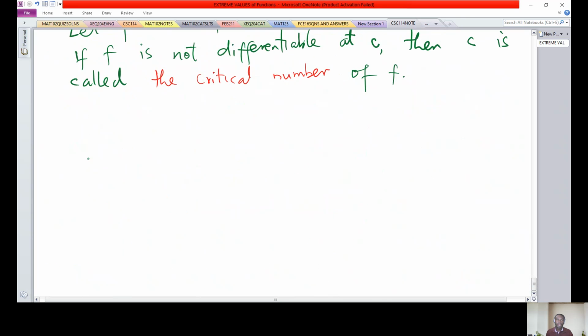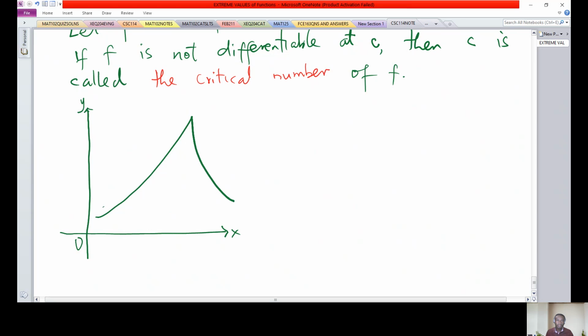And so here are the pictures. You can have this, so this is the c. At this point, f prime of c does not exist.